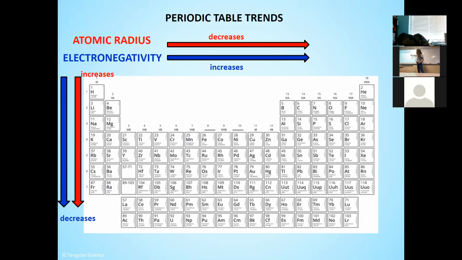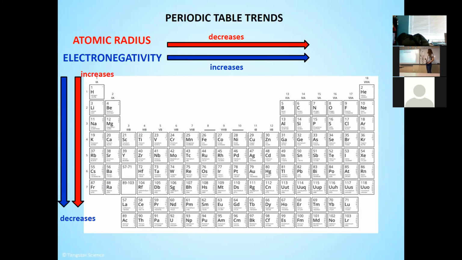Fluorine has the same number of shells as lithium, but fluorine is smaller than lithium. But fluorine has 7 electrons in its shell, and lithium only has 1. What's going on? There's 7 electrons. Why is it smaller than if it has 1?